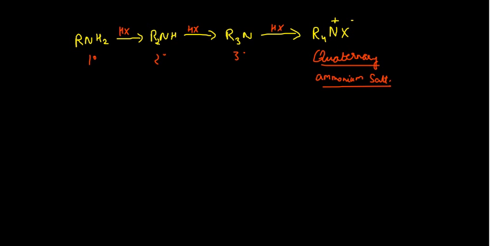What we have learned here is that we are removing the hydrogen by introducing the RX. Something is happening here: R is getting introduced and one hydrogen will come up.